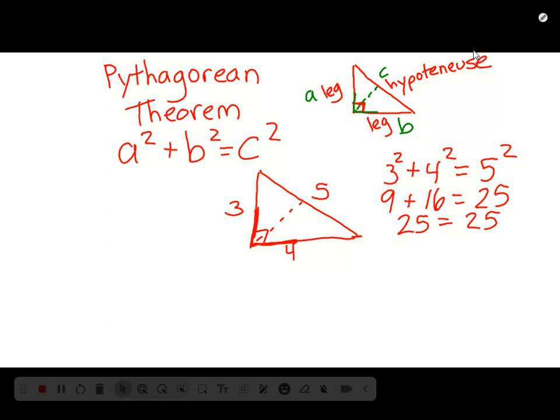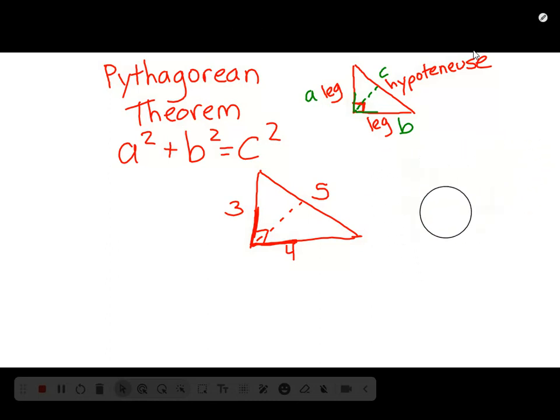What if we need to find a missing side? So, let's see. Yeah? What happens if one of the legs is bigger than the hypotenuse? On the side. Let me give you some examples, and we'll see if we can answer that question.